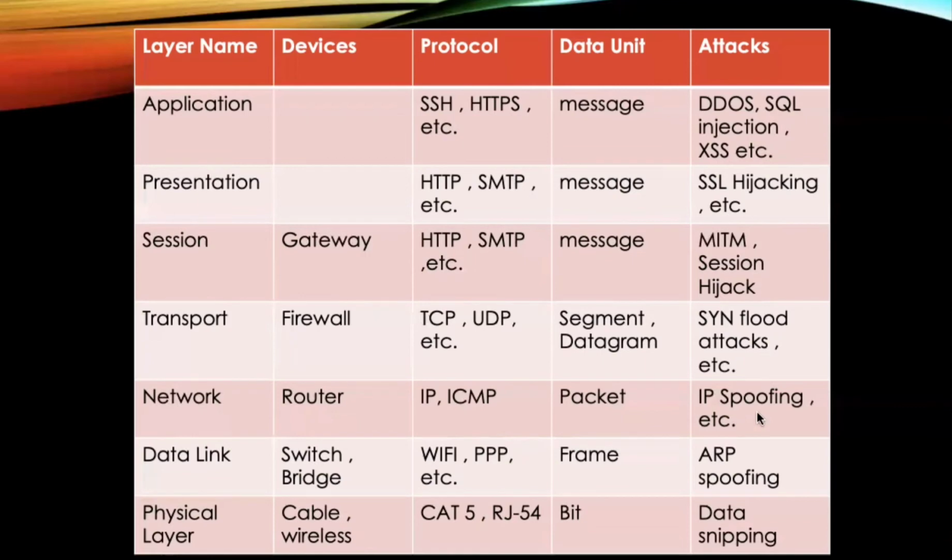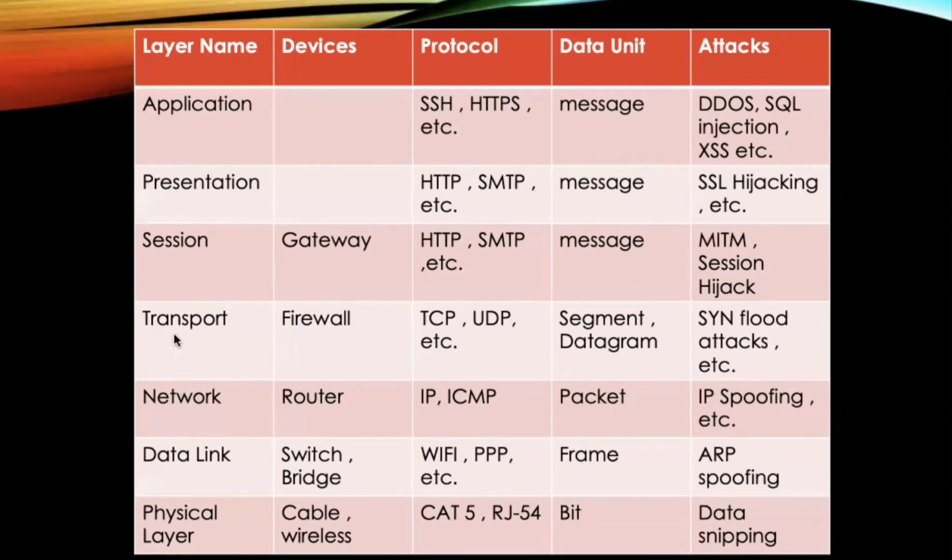For IP spoofing, for example, whenever I send an email, it will have my IP address as the source in the network layer. In IP spoofing, they change that IP to pretend to be someone else. We'll see that at a later stage.